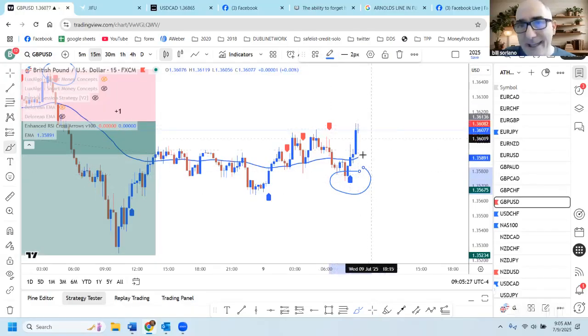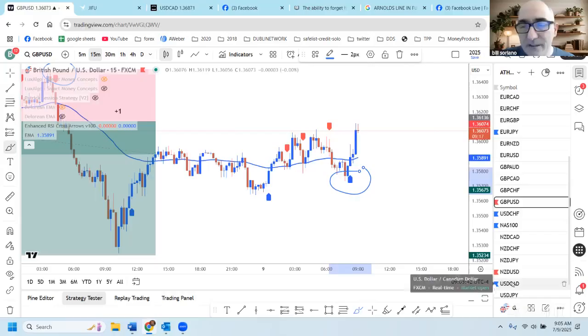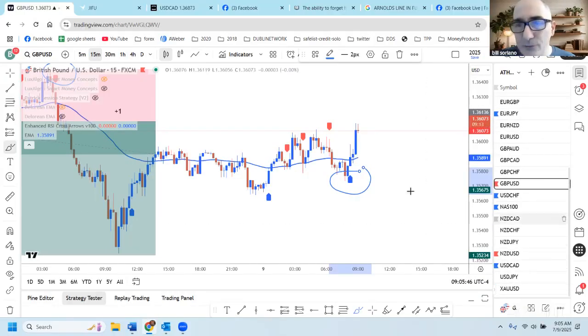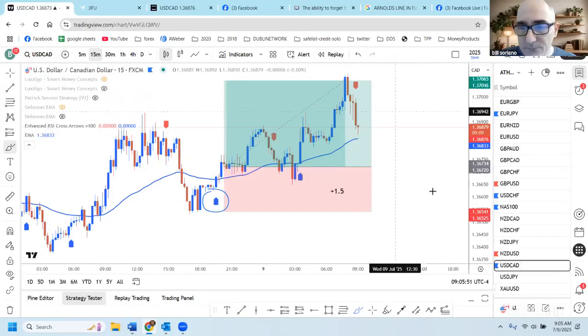So I didn't take it, but you could see here that this is definitely moving up, because as the dollar weakens, this pair here, GBPUSD, is likely to move up, and USD-CAD, USD-CHF, and USD-JPY are going to continue to move down, as we could see here.